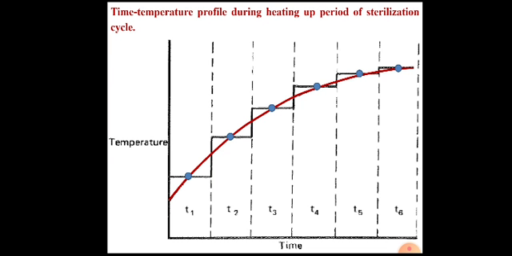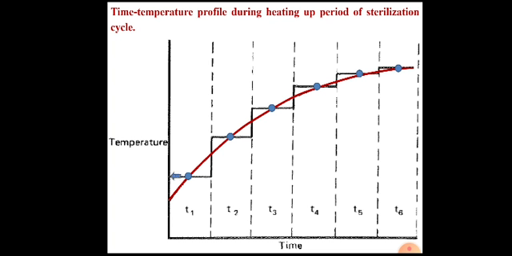Now you know the midpoint temperature also. So the specific death rate of that particular organism at this temperature can be obtained from the specific death rate curve that we have learned in the last lecture. So from that we know the value of K at this particular temperature.